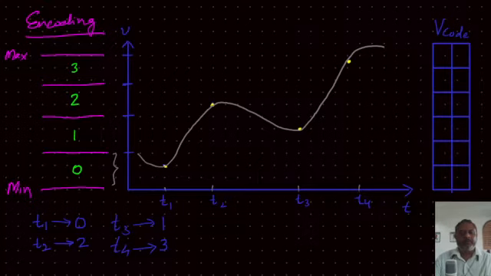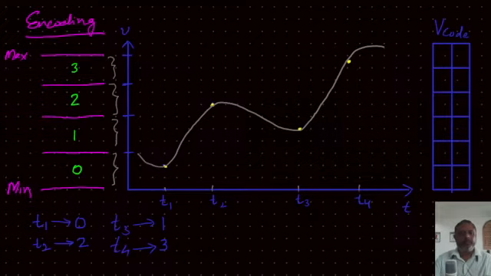So we say for range at T1 it is 0, at T2 if you look at it, it falls in this range whose code is 2, at T3 it falls in this range, therefore its value is 1, and finally at T4 its value is 3 because it falls in this range. So these are the codes.